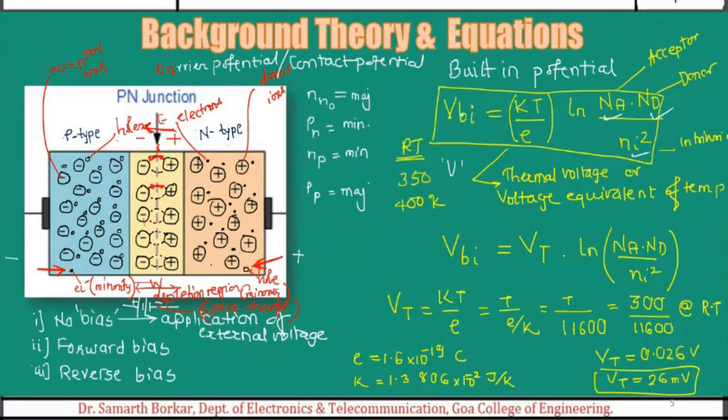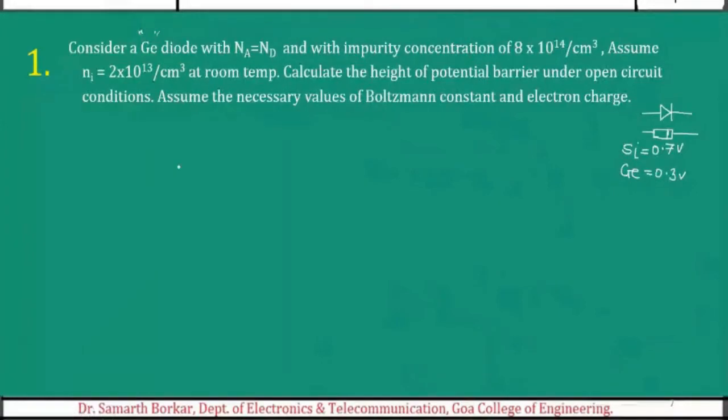That means this built-in potential VBI is independent of V. Why I'm telling you all this is, once you calculate the barrier potential, also referred to as the height of the potential barrier, if you're getting an answer like 3.4 or 2.8, it's totally wrong, because you should get an answer near about 0.3 volts. Fine. So let us start. Always start with the given data.